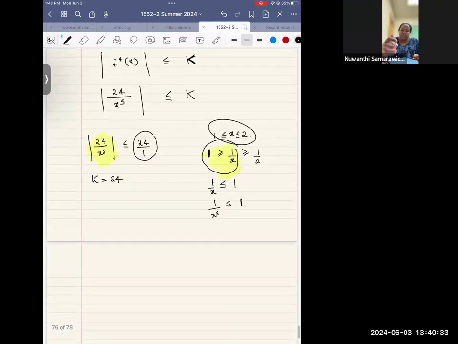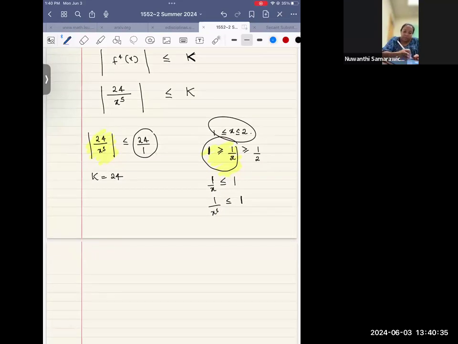Okay, if k is equal to 24, the error bound for Simpson's rule is less than or equal to, this is the formula, k times (b minus a) to the power 5 over 180 n to the power 4.